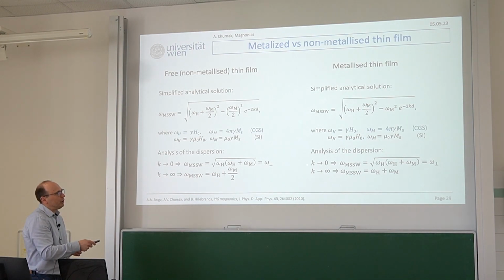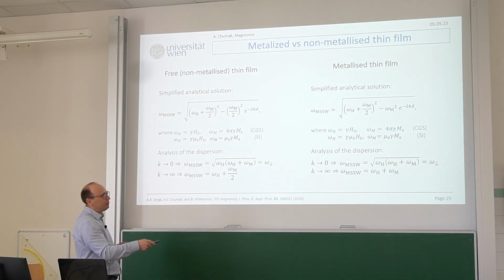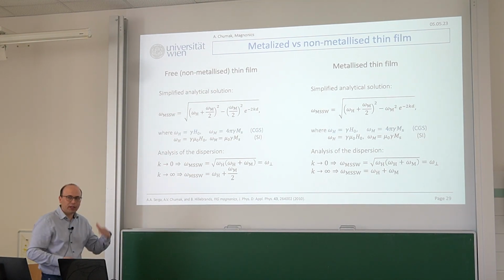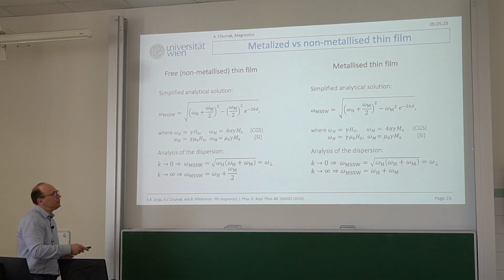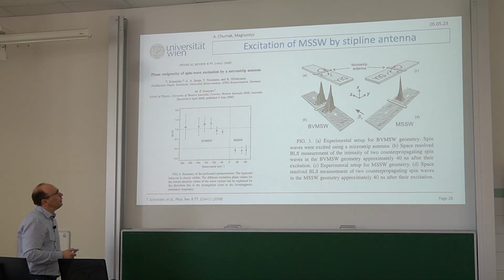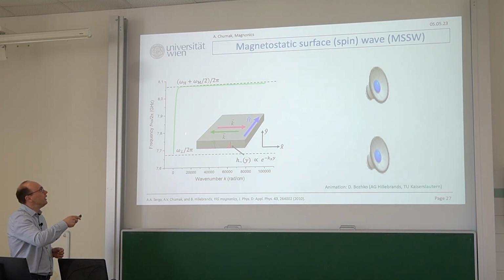In this dispersion curve, the beginning of dispersion is the same, but at the end, k equal infinity, omega h plus omega m stays here. So it's another frequency. How does it look in reality? I didn't plot the dispersions here, but you should add omega h plus omega m somewhere there, and it goes like that.